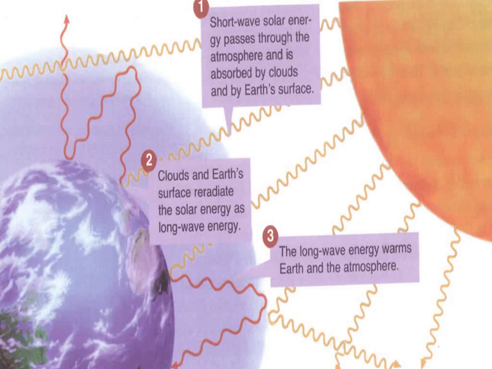Second, clouds and Earth's surface radiate the solar energy as long-wave energy. So it's radiated back as long-wave energy. Third, the long-wave energy warms Earth and the atmosphere. So this long-wave energy radiated back from the Earth's surface, what does it do? It warms Earth and the atmosphere.